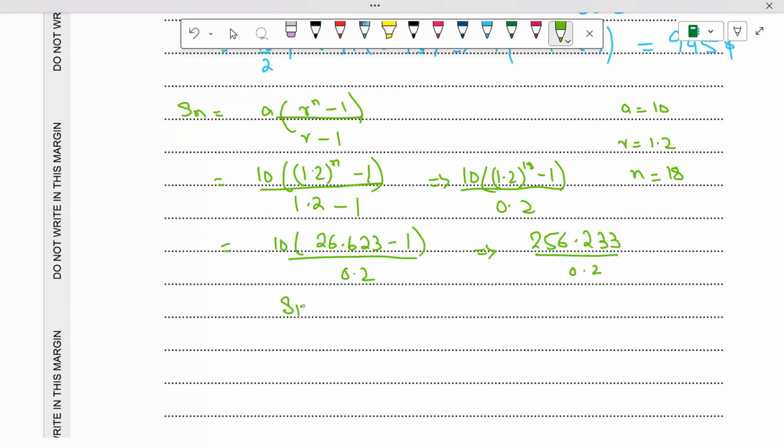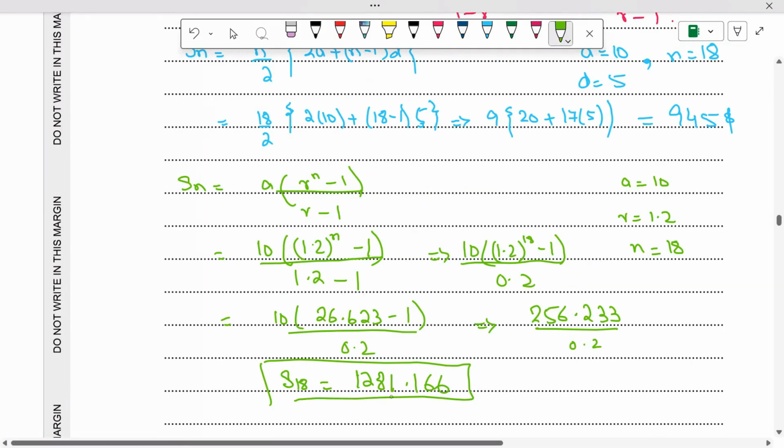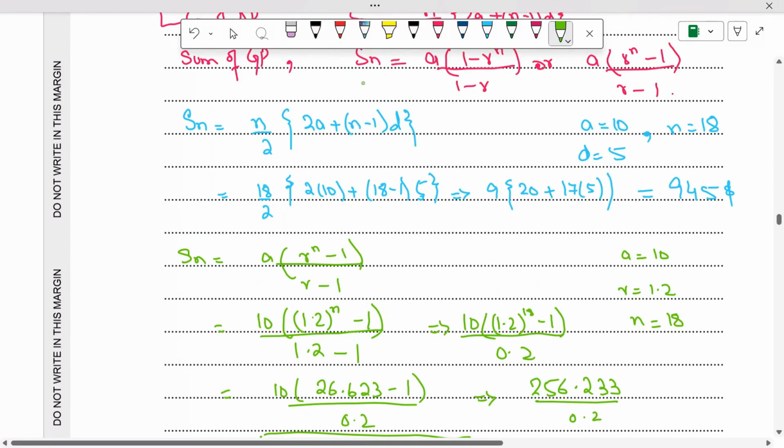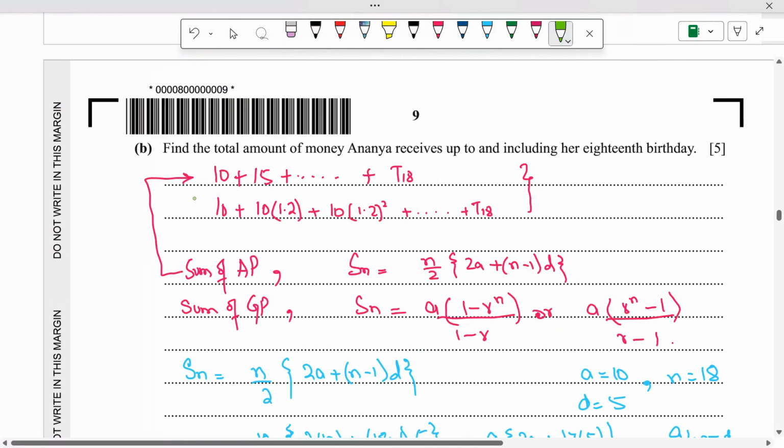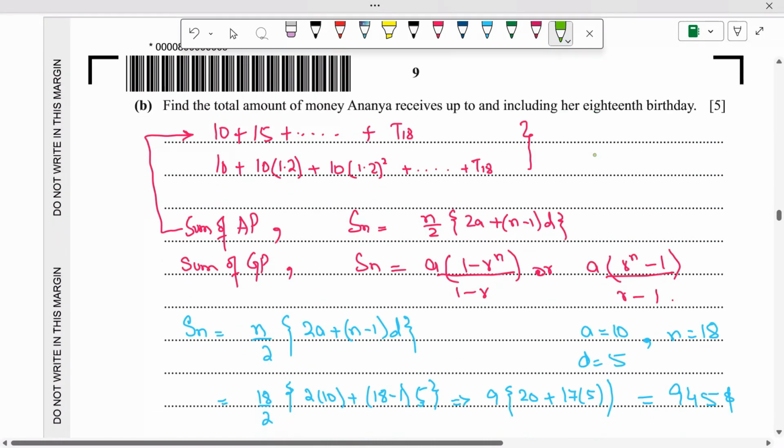Solving further, we will have S18 equal to 1281.166. Up to 18 years, she has received $1,281.166 from her mother.